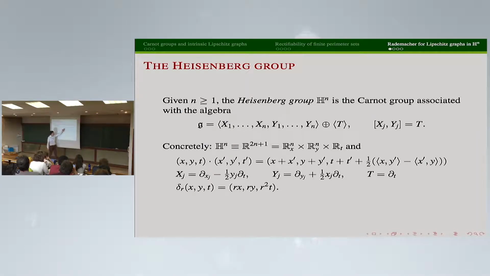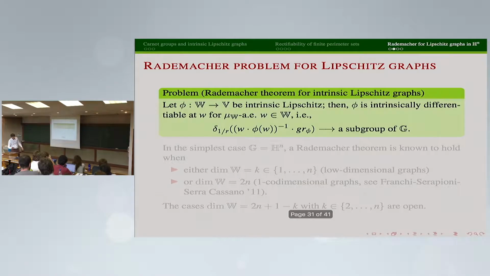The second layer is 1 dimensional, and you have generators x1, ..., xn, y1, ..., yn, which satisfy this relation: xj bracket yj gives you t, and if you commute two x's, or two y's, or xj with yk, you get 0. In coordinates, I wrote the group law, the left invariant vector fields, and dilations, but we can forget it.